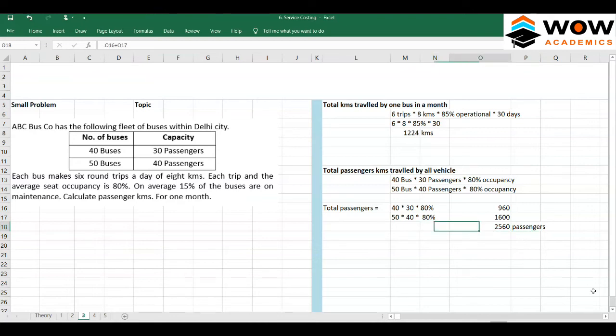Now you have this as passengers and this as kilometers. So what we have to do is get the total passenger kilometers in a month. So that's going to be this number, and it's going to be this number.